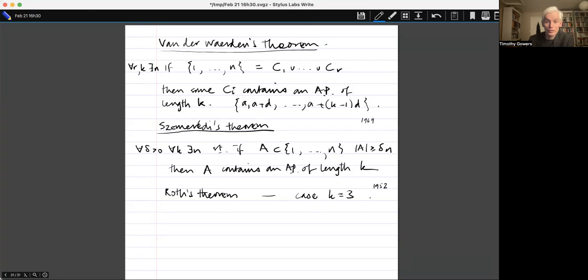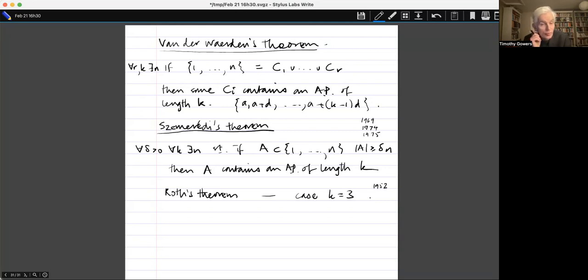I may have got these dates slightly wrong, and then he proved the case k equals 4 in, I think, 1974, and then the full theorem in 1975. It was something like that. It was a rough chronology. And since then, there have been various other proofs of the theorem, and all sorts of extensions have been proved as well.